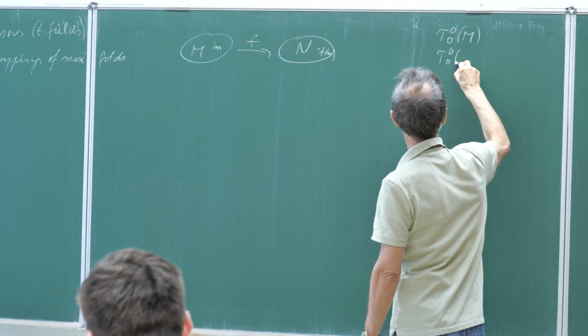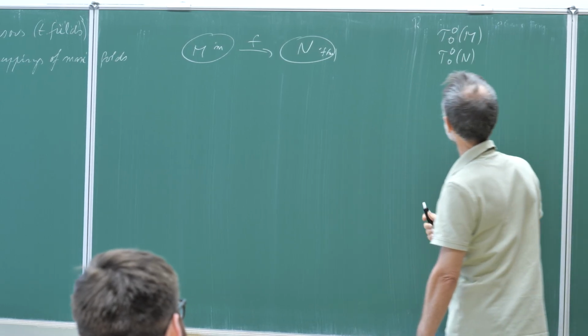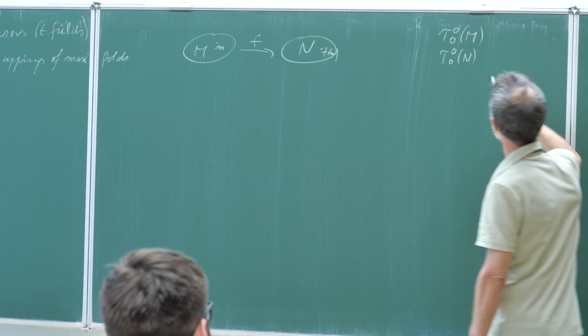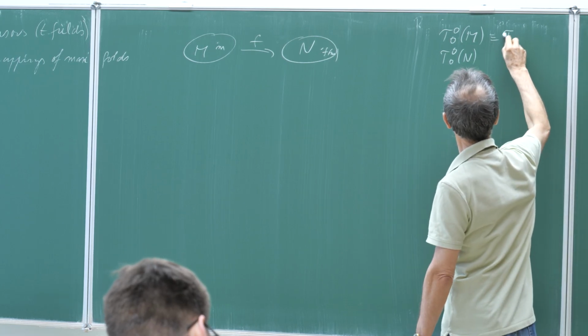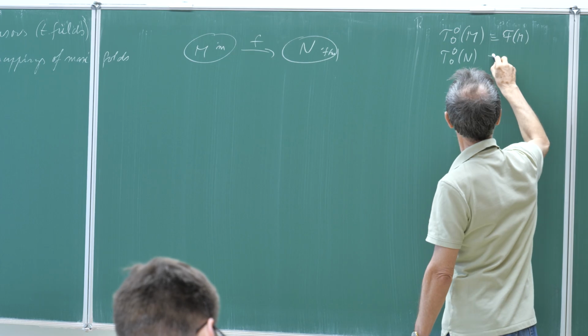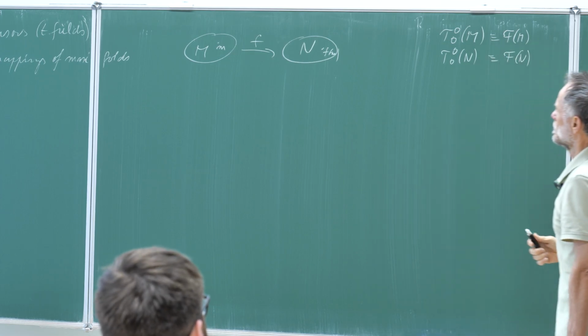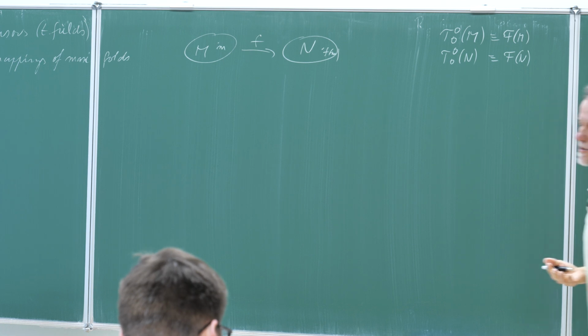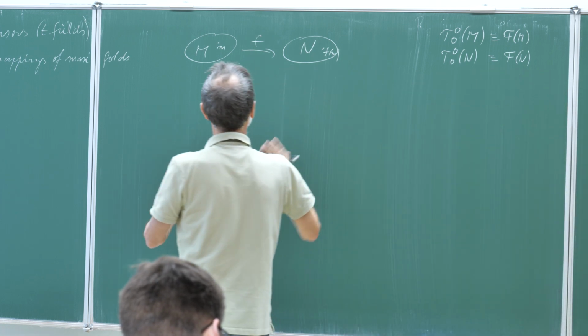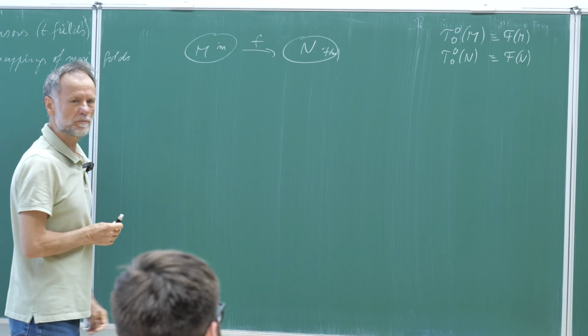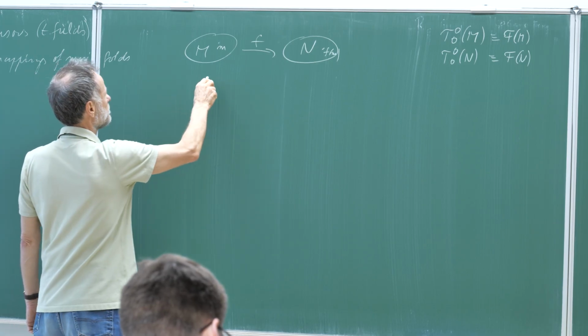So we have (0,0) tensor fields, that is functions. So we can have functions on any of these two manifolds. And what does it mean to have a function on M?